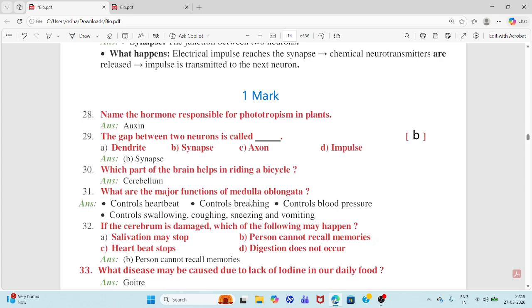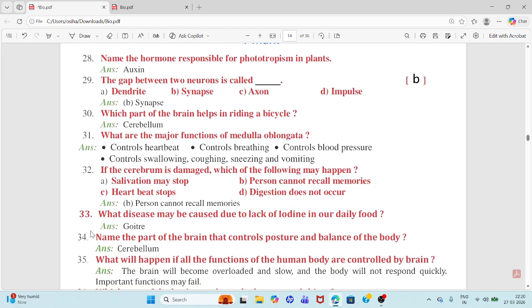What are the major functions of medulla oblongata? Okay, if I pronounce it wrong, please ignore. Answer. The functions are controlling heartbeat, breathing, blood pressure, swallowing, coughing, sneezing, and vomiting. These are the major functions of medulla oblongata. 31.